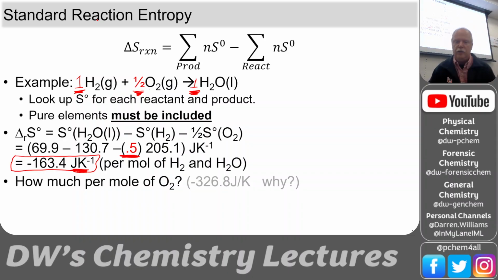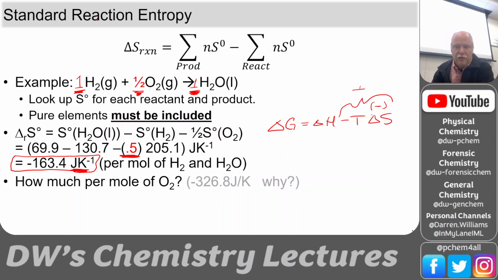So the delta G, which is spontaneity, if this piece is negative, then this piece right here is positive. That makes it hard for something to be spontaneous, because for delta G, we want it to be negative.